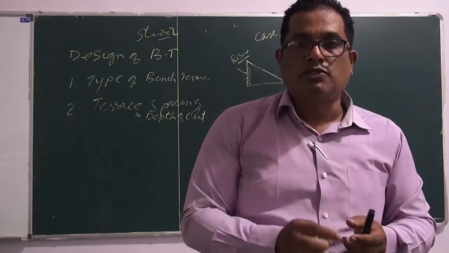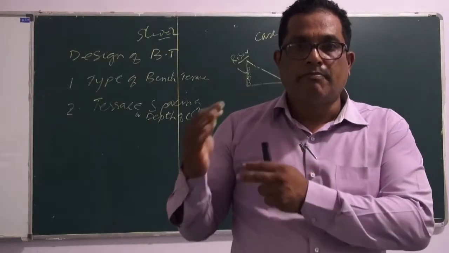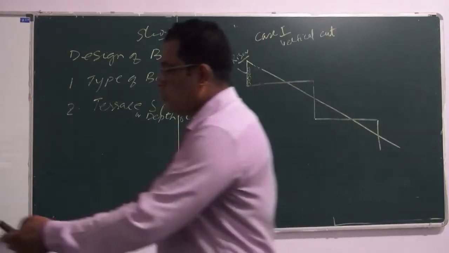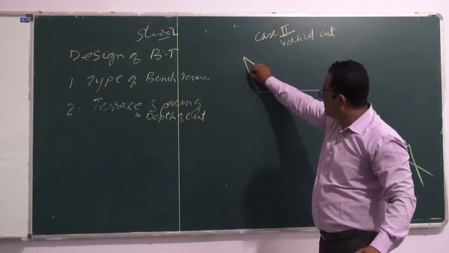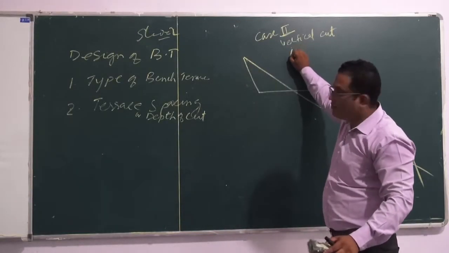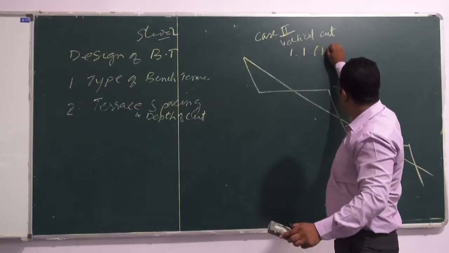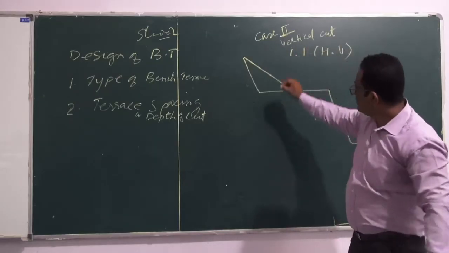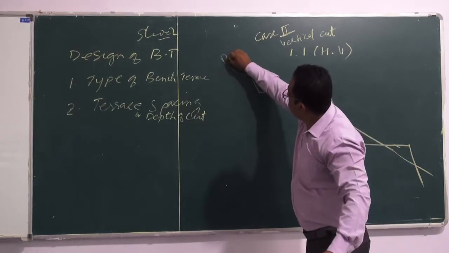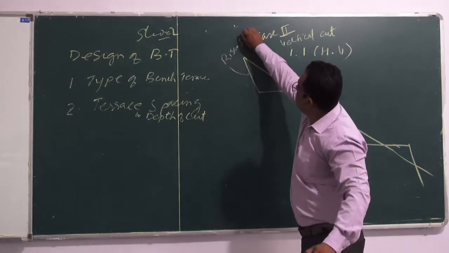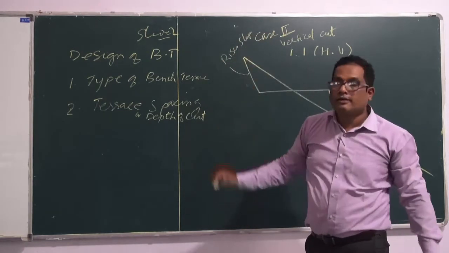Otherwise, one has to go for a better slope. How? This is not a vertical cut, but we are giving a slope of 1:1, that is, horizontal to vertical. This is called your riser slope. We also call it batter slope.